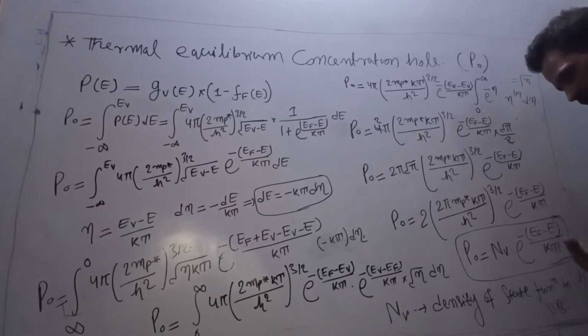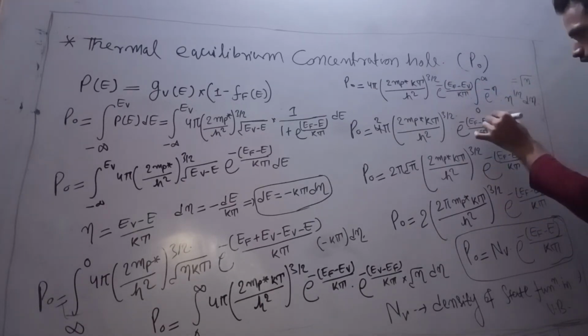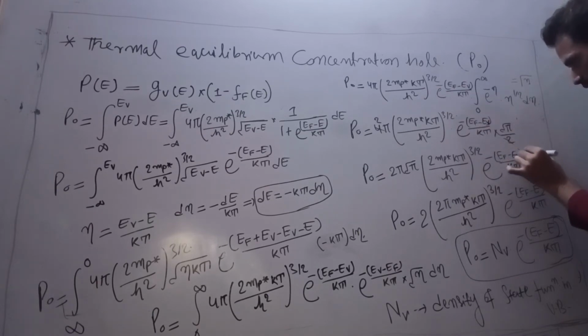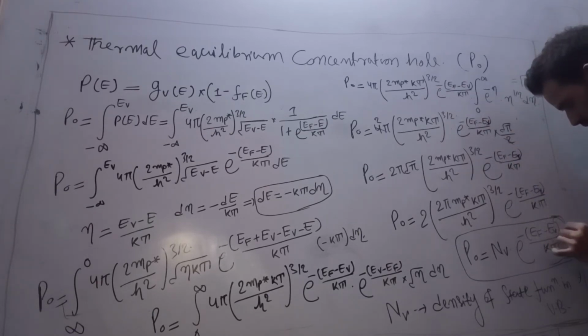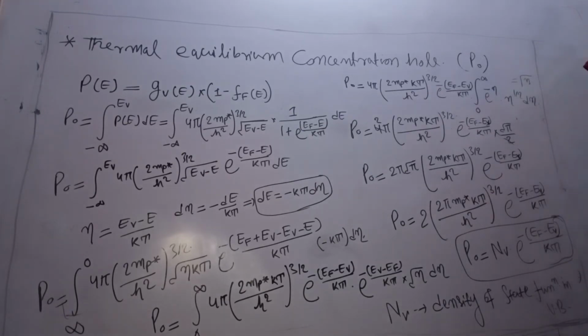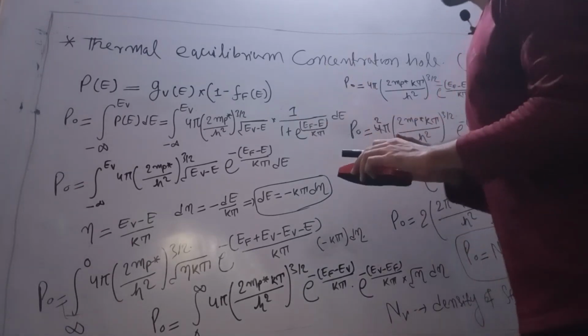This is valid only when the Boltzmann approximation is valid, that is, only if EF minus EV is at least 3 times KT.